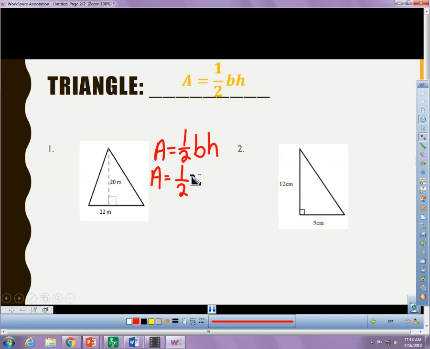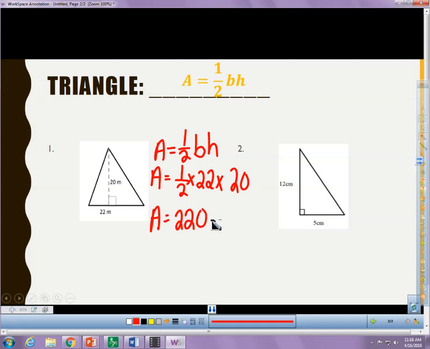My base is the bottom, 22, times the height, which once again goes straight up, forms a right angle with the base, so times 20. So I have 1/2 times 22 times 20, which gives me 220 meters squared.